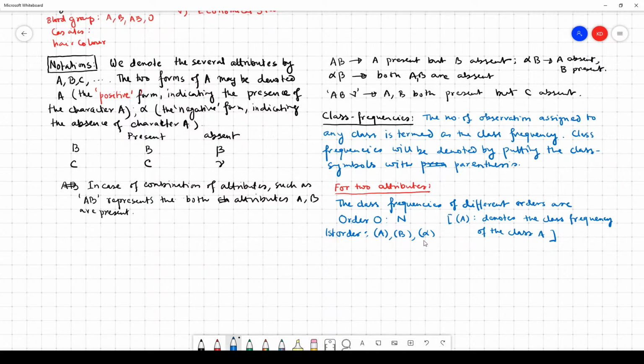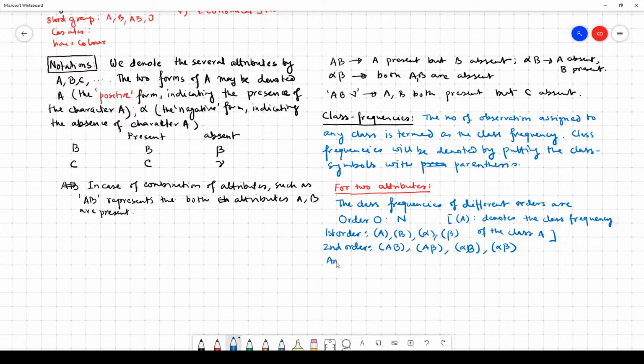This means B is present, this means A is absent, and this means B is absent. And second order: this means A and B both present, A present B absent, total frequency. And this.